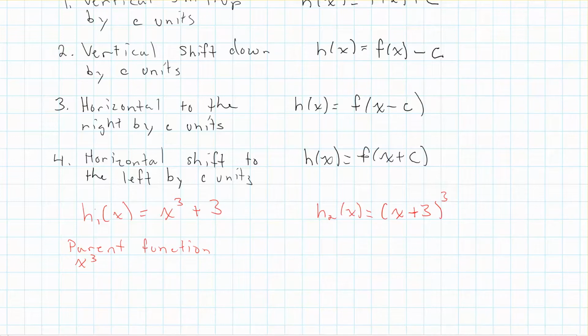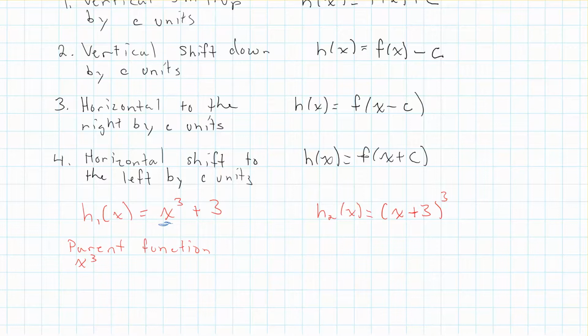Okay, so we got h1 and h2. For both of these, the parent function is x cubed. And how can we tell? Well, this one I think is pretty easy to tell that it's x cubed, because you simply just have an x cubed sitting here. Here, well, what do you have? Yeah, I know I have quantity x plus 3 cubed, but if I took away that plus 3, it would just be x cubed. So again, the parent function is x cubed.